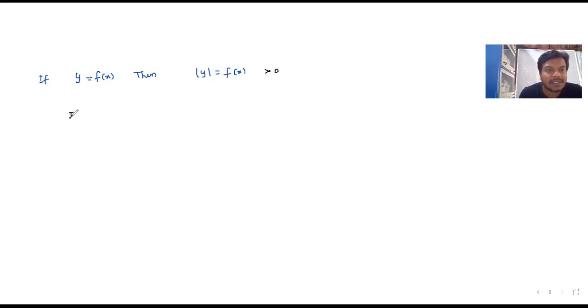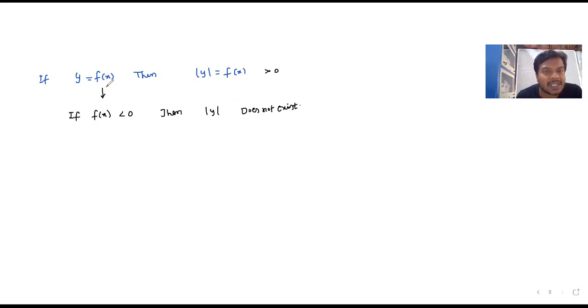If f of x is negative, then the modulus y graph does not exist. Why? Because modulus y is always positive.